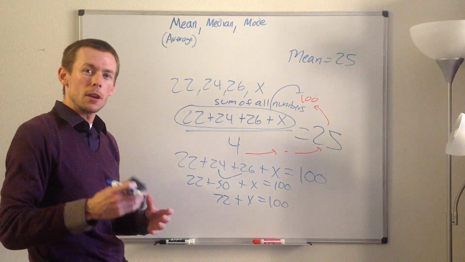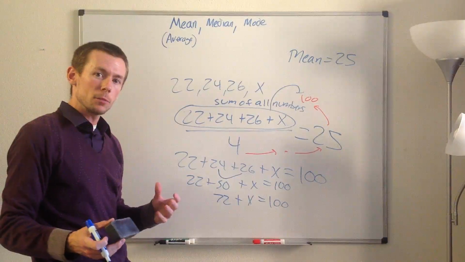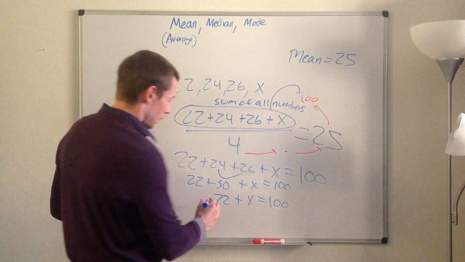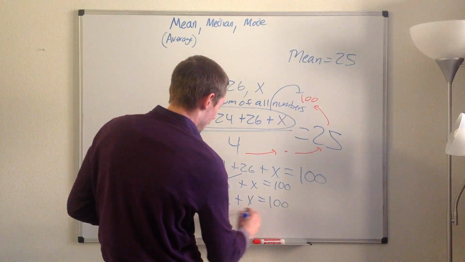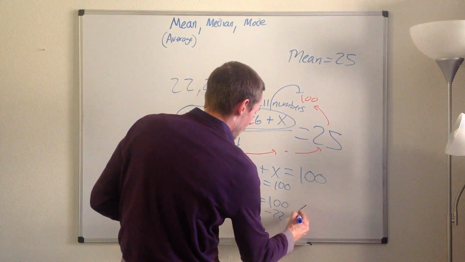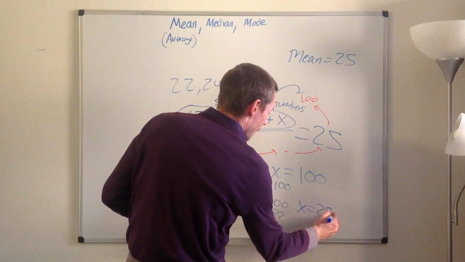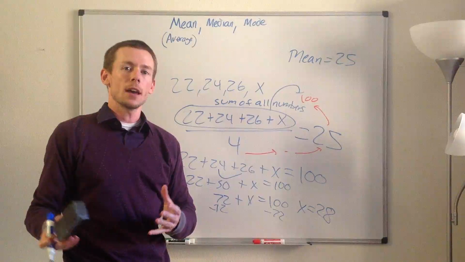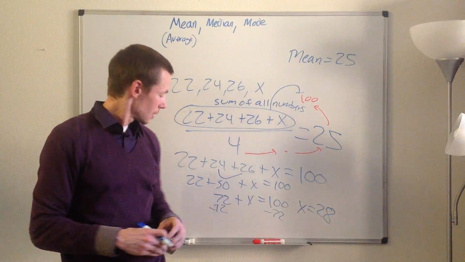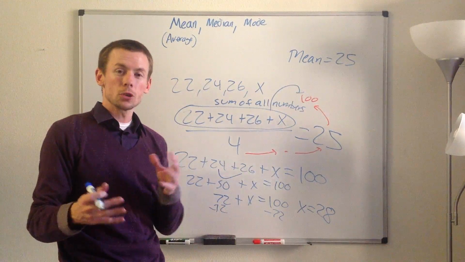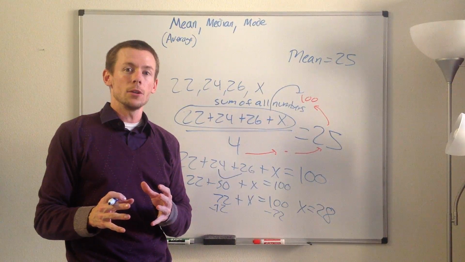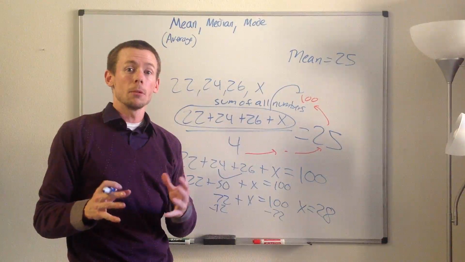So I'm looking for the number when added to 72 gives me 100. Well, to find that, I could subtract 72, and 100 minus 72 would indeed give me that missing value of 28. So that concludes this short lesson on mean, median, and mode, and finding a missing value within a problem involving the mean.